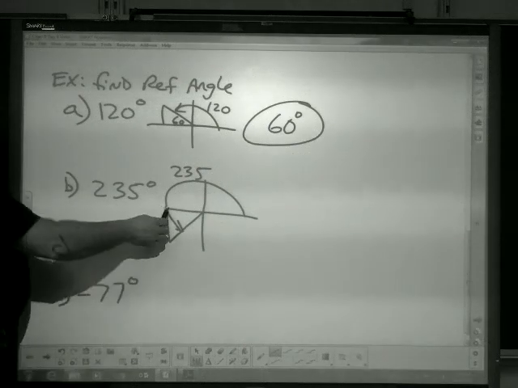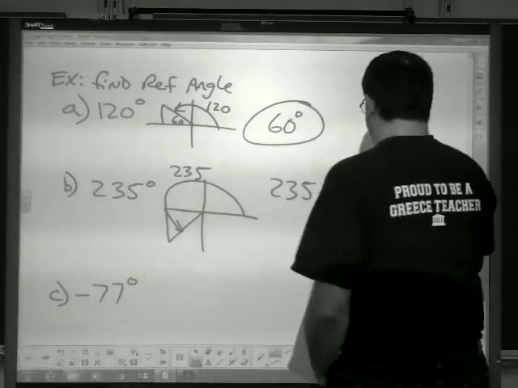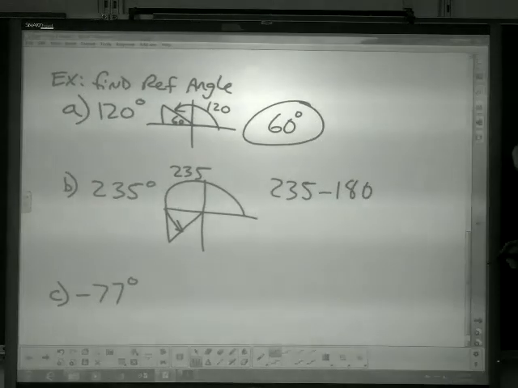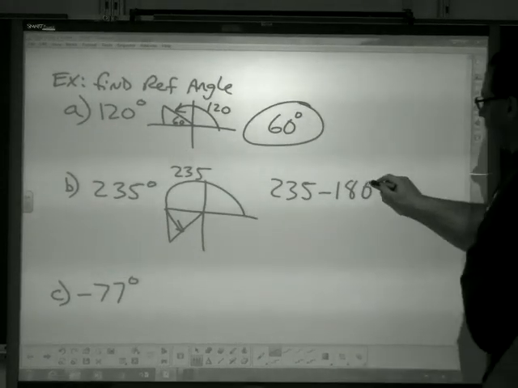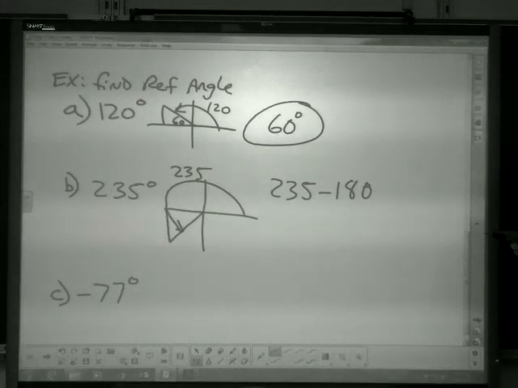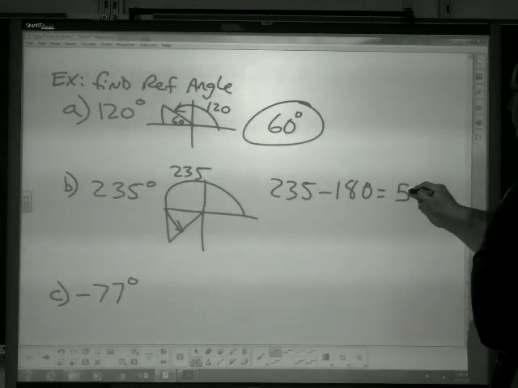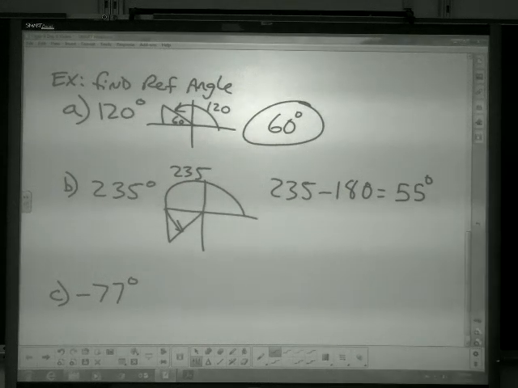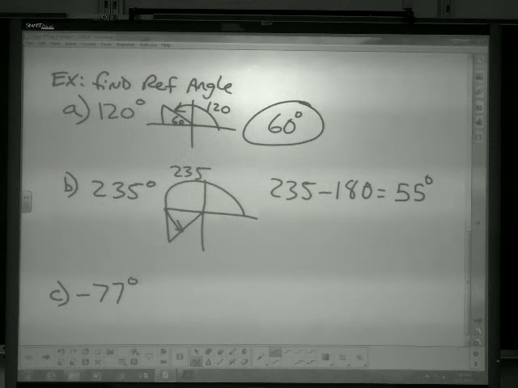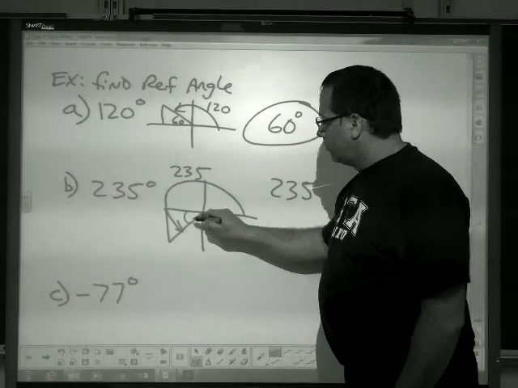So 235, take away 180 because I have to work myself back to 180, is 55 degrees. And so I know that 235 has a reference angle. This little angle right here would be 55.